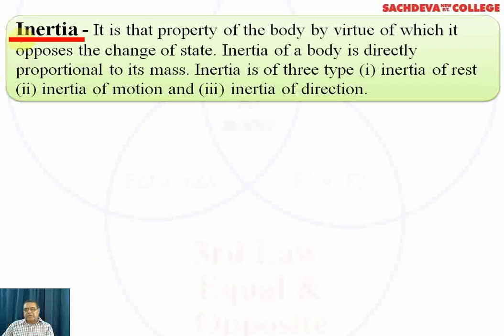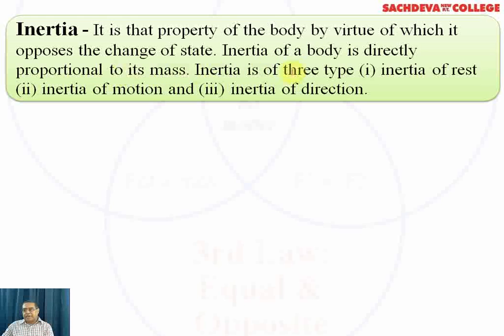And now we come towards inertia. This is the property of all material bodies by virtue of which they oppose the change of state. So inertia is the property of a body due to which it maintains its state of rest or the state of motion. Inertia of a body is directly proportional to its mass.